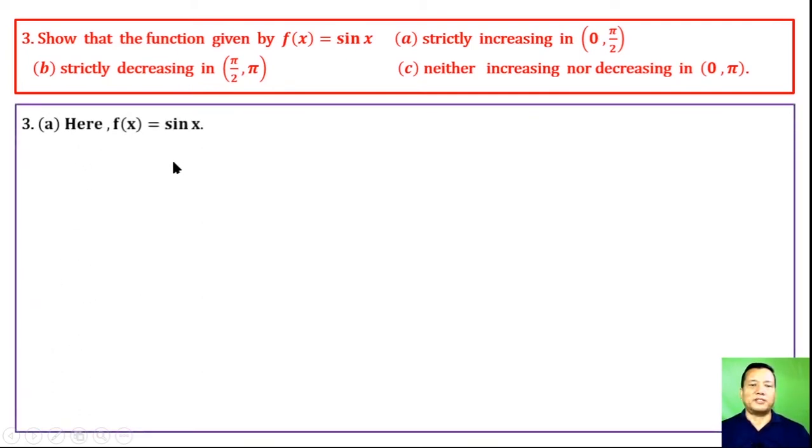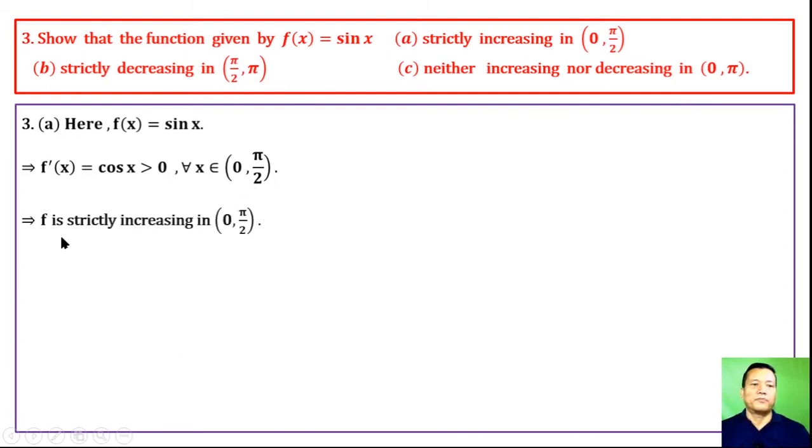Here f of x is sin x whose derivative is cos x which is greater than 0 for all x belongs to 0 to pi by 2. Implies f is strictly increasing on 0 to pi by 2. Again f dash x is cos x which is less than 0 for all x belongs to pi by 2 to pi.